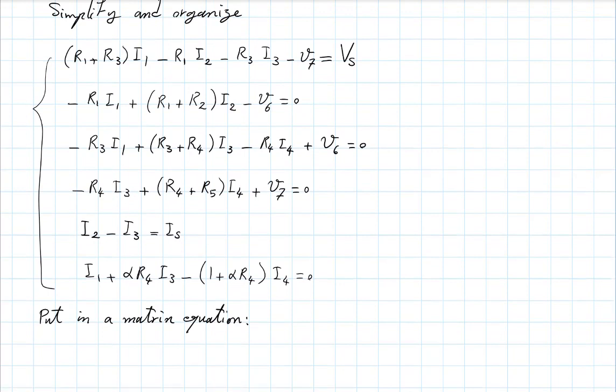I have to have 6 equations represented, which means I need a 6 by 6 matrix, a vector of unknowns that has my 6 unknowns, and on the other side, a vector of the source values. And so let's just do that.